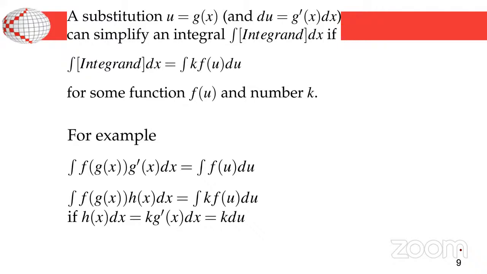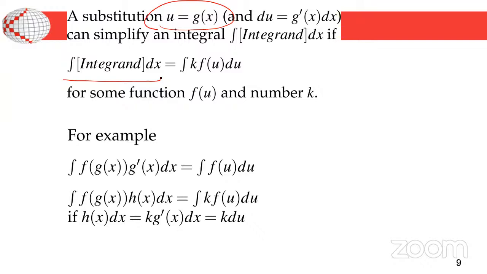Typically a substitution means you are going to set u equal to a function g of x to simplify our integral. So suppose the integral that we are given is the integral of a function of x times dx, that's something you want to evaluate.